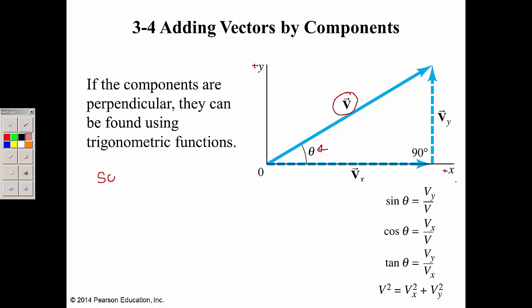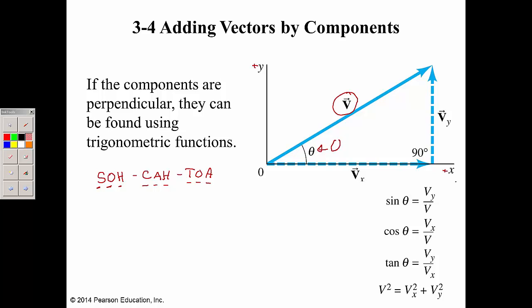So if you remember from your trig classes, SOHCAHTOA, where the sine of an angle is equal to the opposite divided by the hypotenuse, the cosine is the adjacent over the hypotenuse, and the tangent is the opposite over the adjacent.